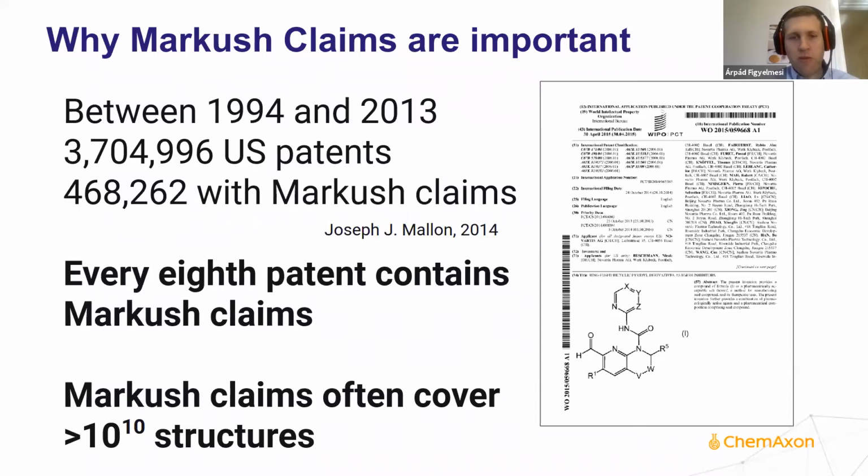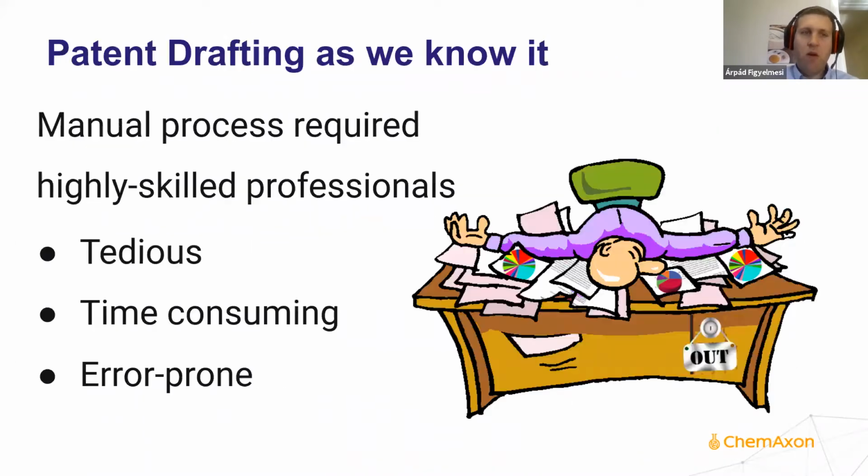The important thing in these patents is that the chemical space covered by the Markush claim is usually enormously huge. So practically, it is not possible to enumerate this space or overview it in a simple manner. So you need some other techniques to handle this huge chemical space.